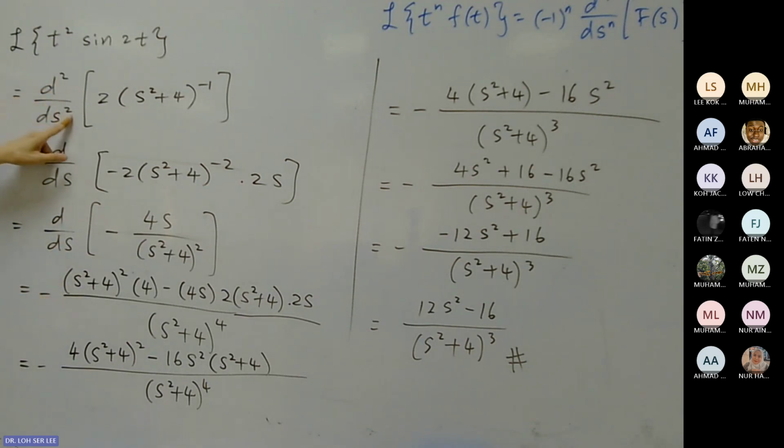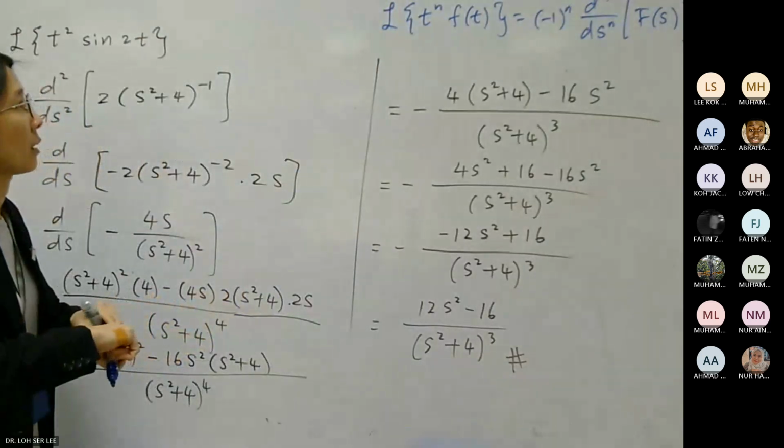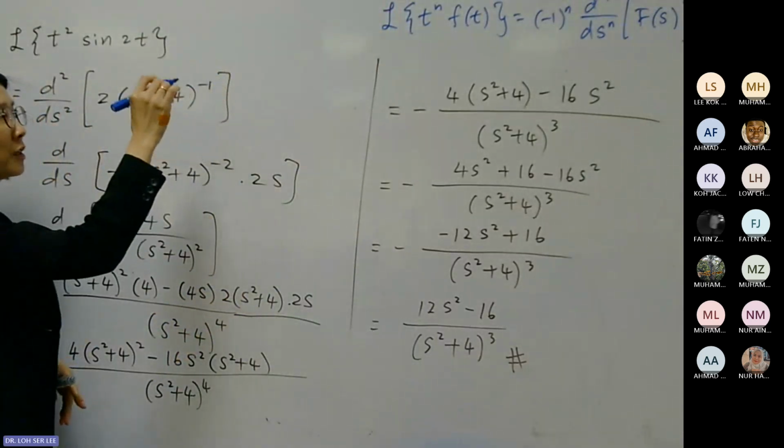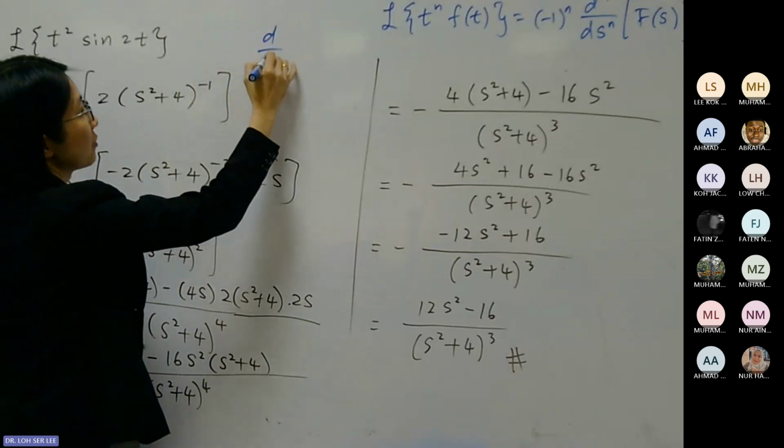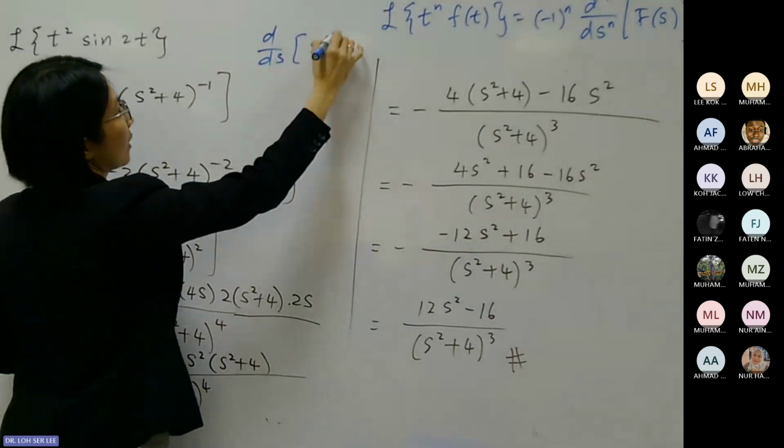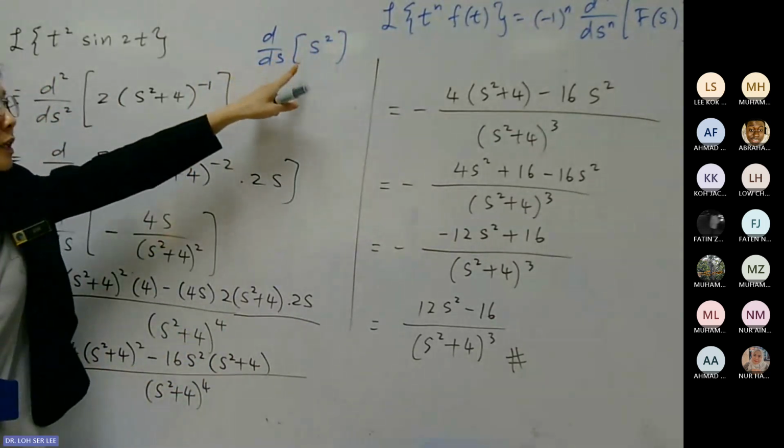So when you have a square here, meaning that, let's say we want to differentiate s squared one time.